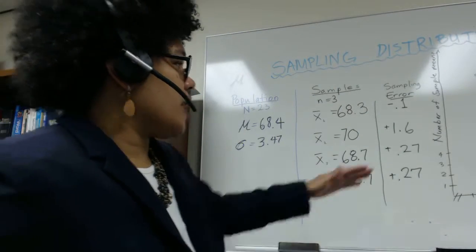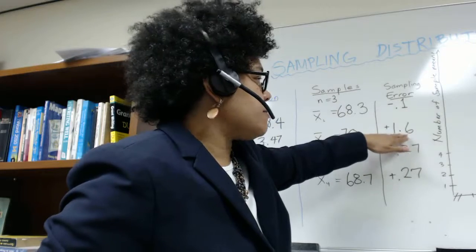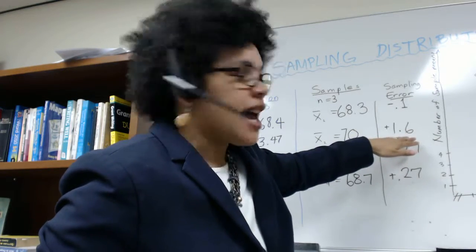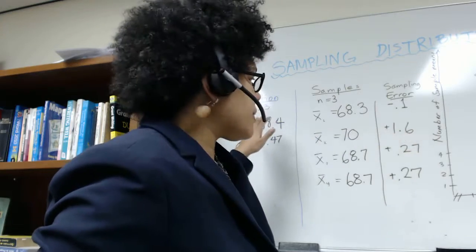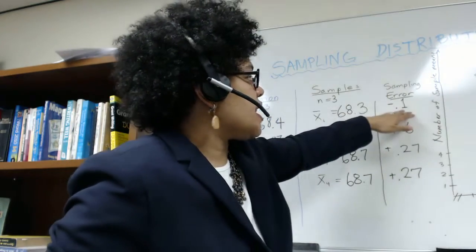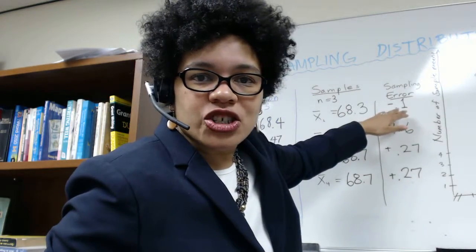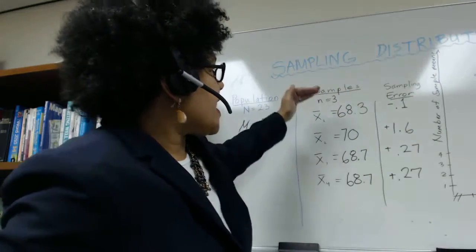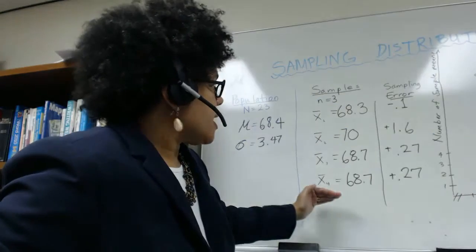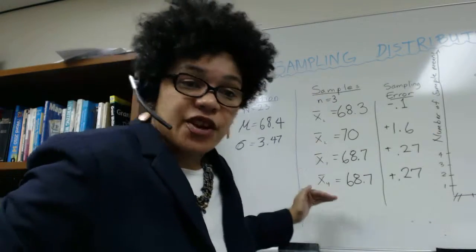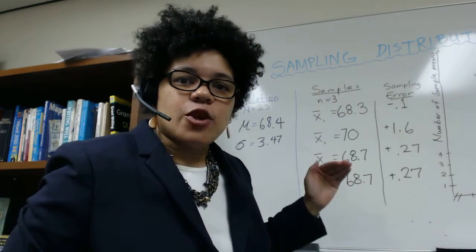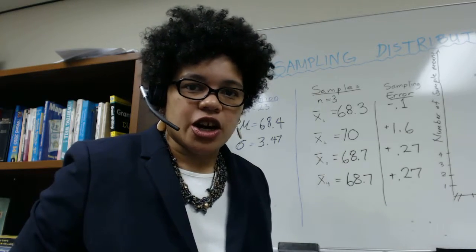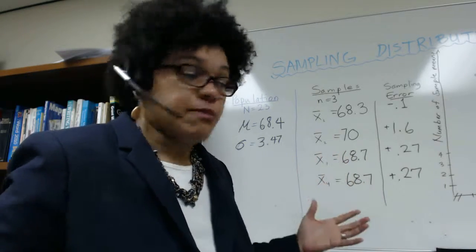They varied from the mean being 1.6 inches higher than the mean of our population to being 0.1 inch lower than the mean of our population. So these are our samples, these are the means of our samples. Now, just like we can graph individuals and make a frequency chart, we can graph these means.